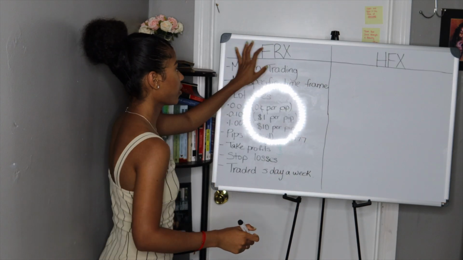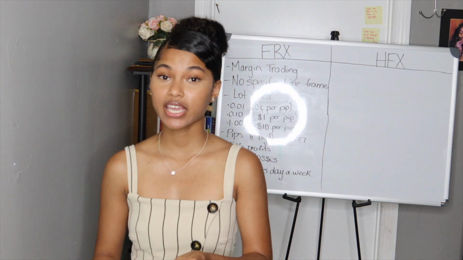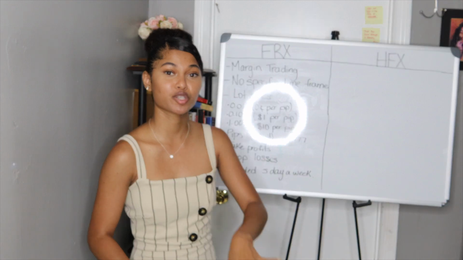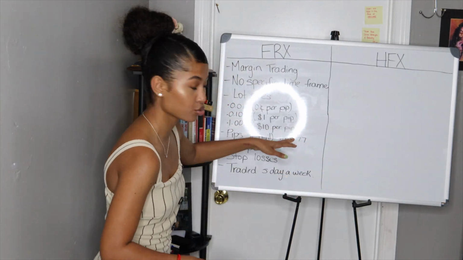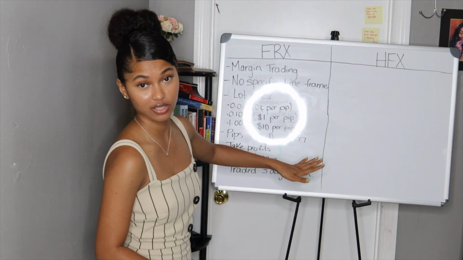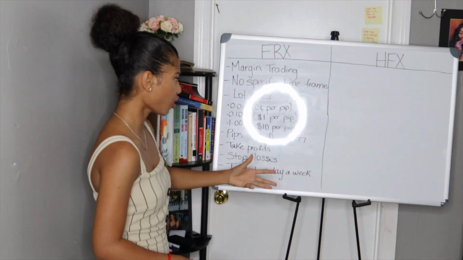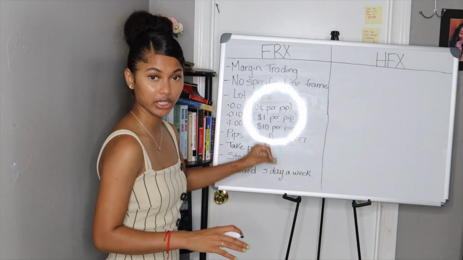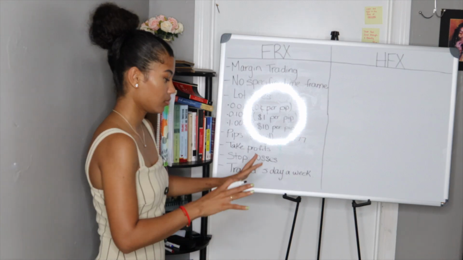The market opens up every Sunday at 5 p.m. Eastern Standard Time, and it closes Fridays at 5 p.m. Eastern Standard Time. So if you are interested in trading FRX, make sure you're out of your trades and you take profits before the market closes at 5 p.m. Eastern Standard Time. Over the weekend, after the market is closed, you would not be able to enter any trades because it's closed. It won't even let you.